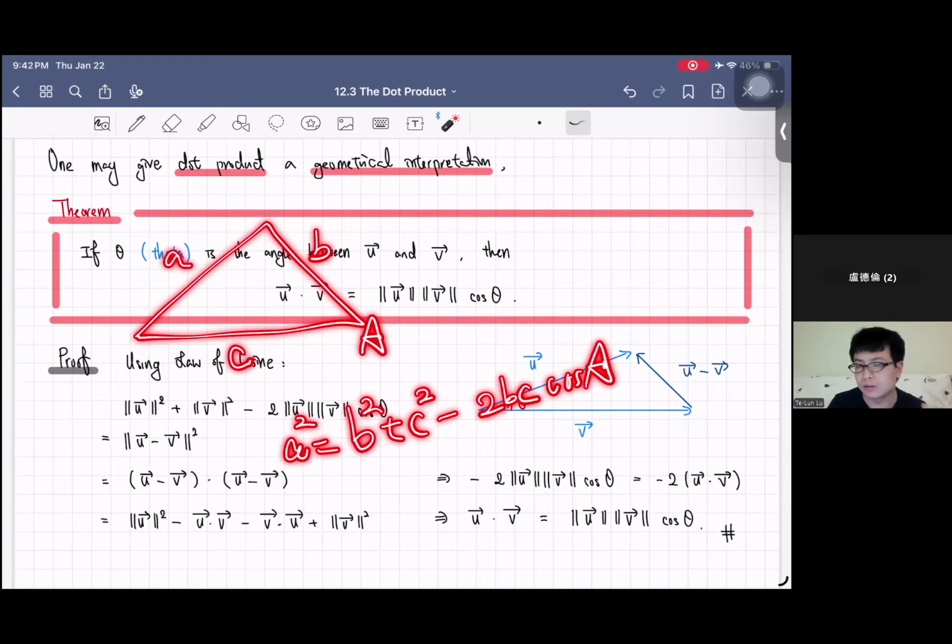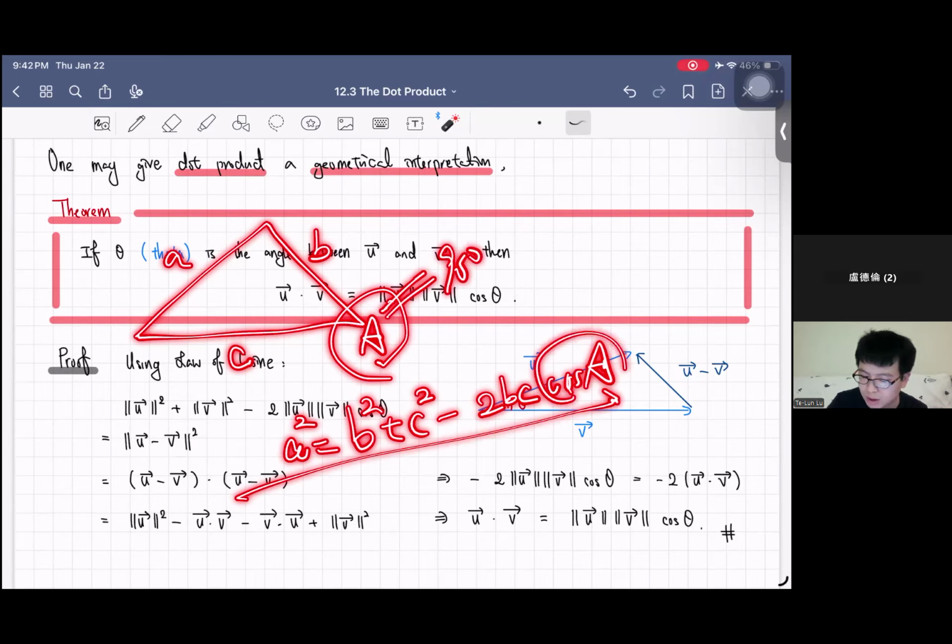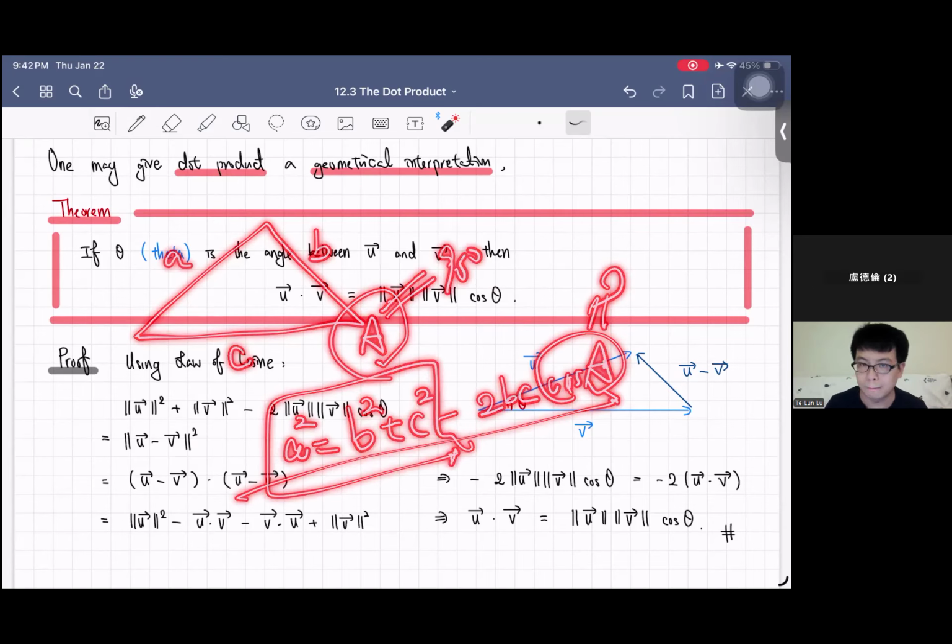Whenever the angle A is 90 degrees or not, you can always represent side A with this formula. In the particular case where the angle A is 90 degrees, cosine A becomes 0, and this reduces to our usual Pythagorean theorem, right? So this is called the law of cosine.